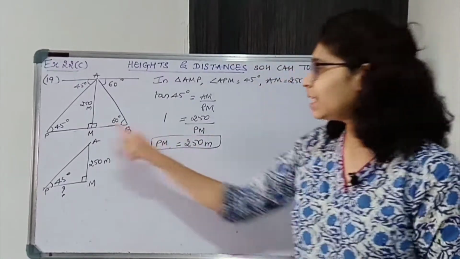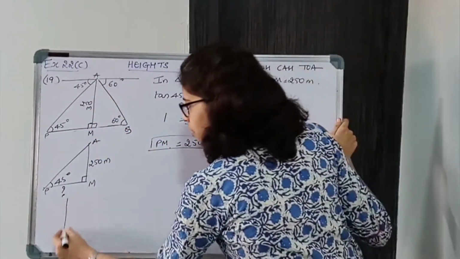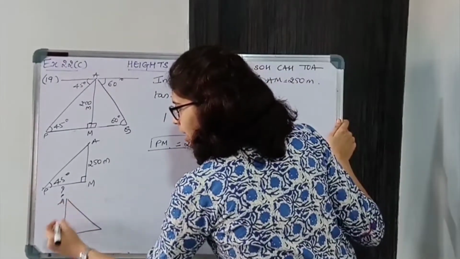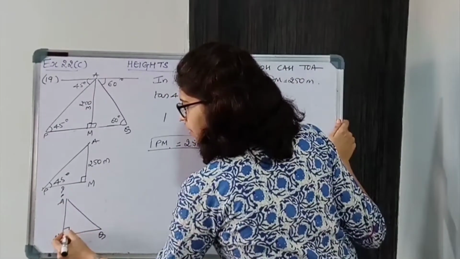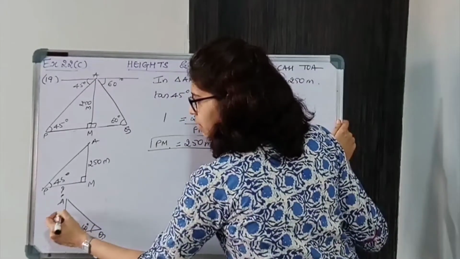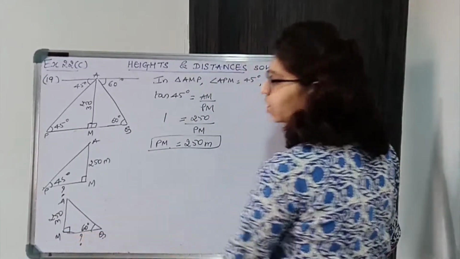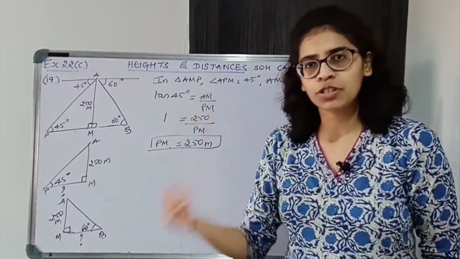Now we need to find MQ. For that we'll consider triangle AMQ. AMQ में this is 60 degrees, this is 250 meters. So the angle का opposite we know, adjacent we have to find. So again tan is opposite upon adjacent.